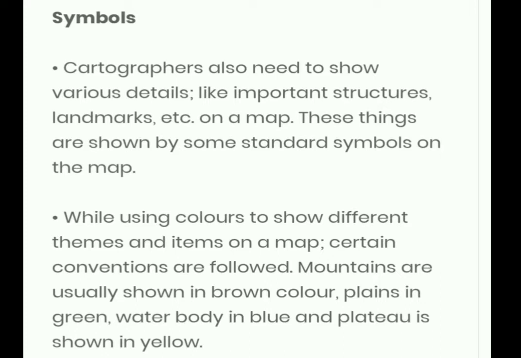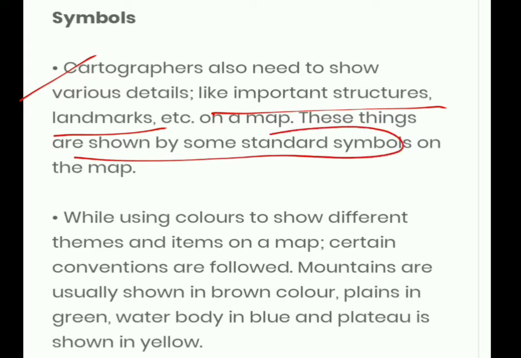So let us read the two remaining points of this topic. Cartographers also need to show various details like important structures, landmarks, etc. On a map, these things are shown by some standard symbols.